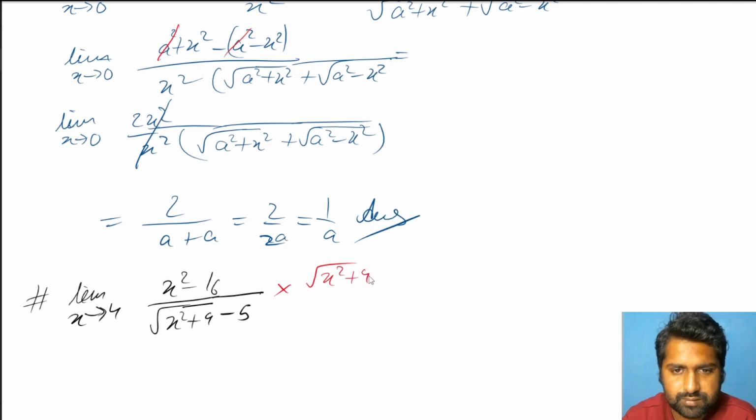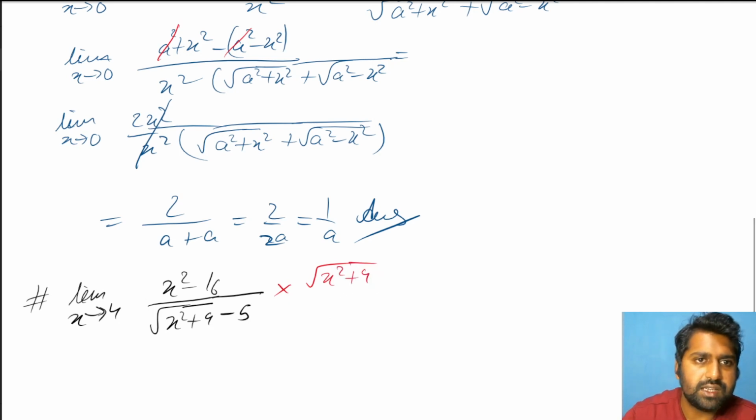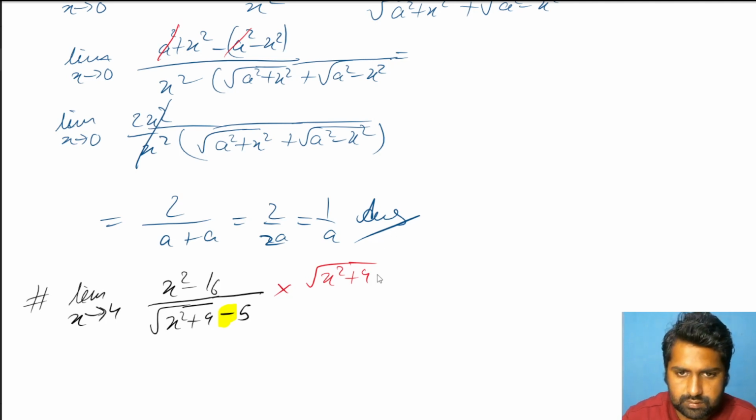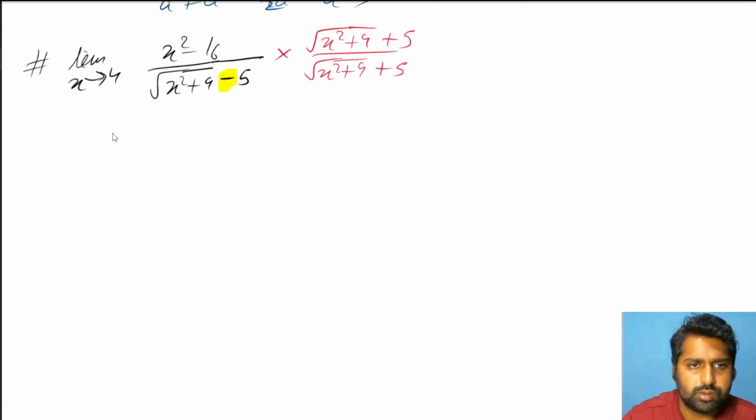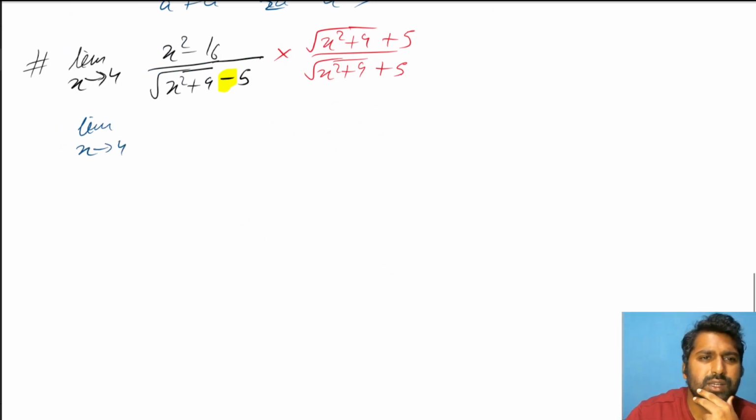Square root is a norm, so change which sign? This sign. Plus 5, root of x square plus 9 plus 5. So limit x tends to 4. A square minus b square, it is looking like this or not? First of all, a square minus b square. So let's solve that.